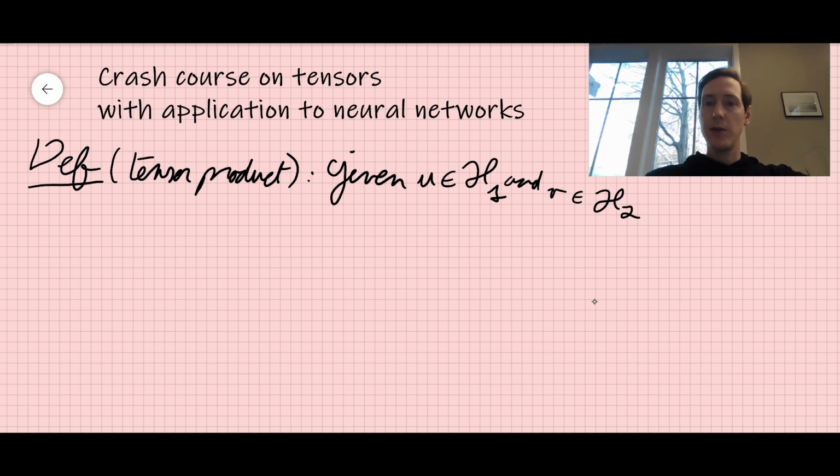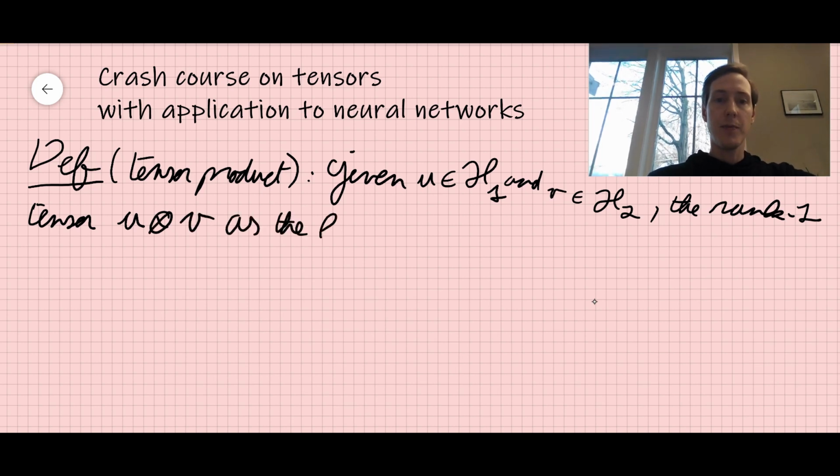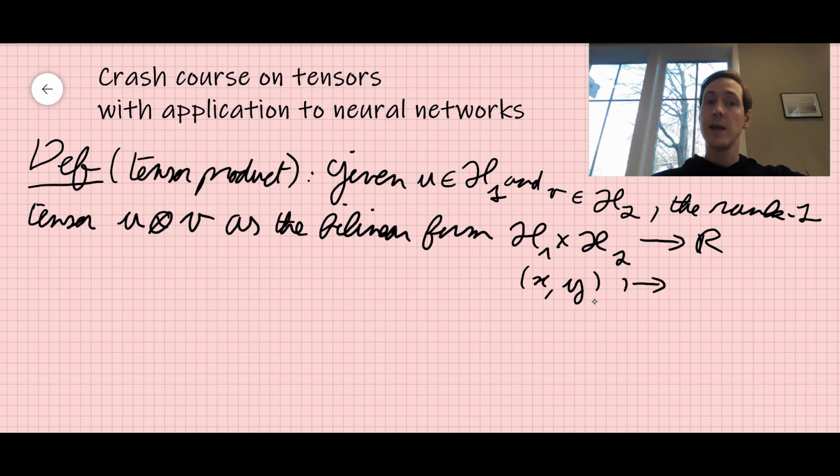So given U and V in two Hilbert spaces, we define the rank 1 tensor U times V as the bilinear form which goes from H1 times H2 into R. And given two vectors X and Y, it outputs the answer, which is U applied to X times V applied to Y. Okay?